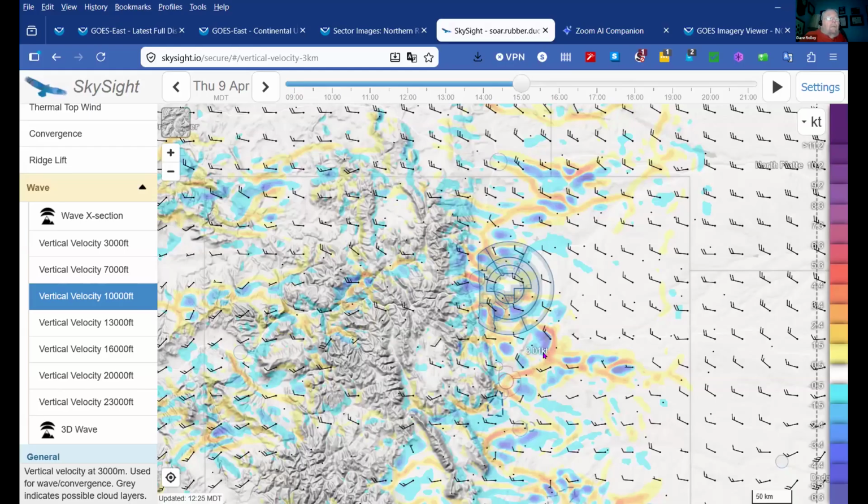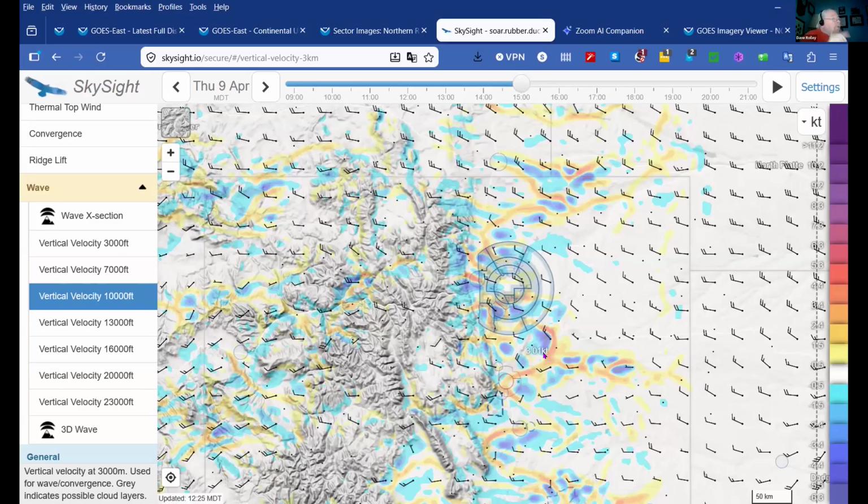So you could have ridge lift on the front side, convergence lift converting to ridge lift, and if you could go over to the top, find wave on the backside. I'm not recommending that at all because, what happens if you're on top and everything falls apart, right?